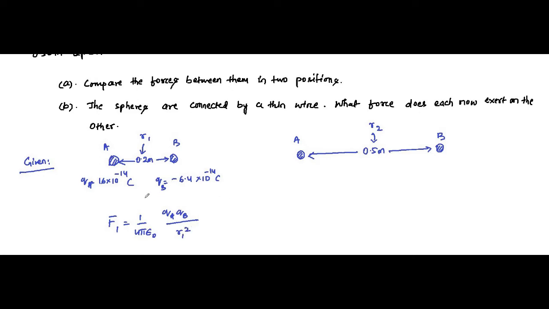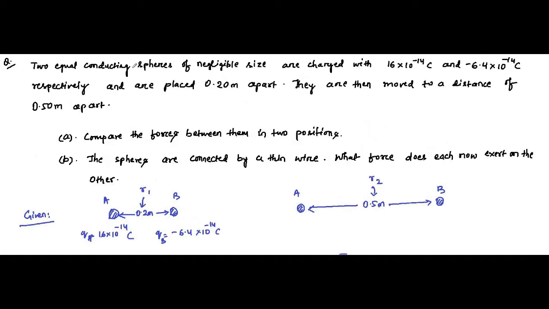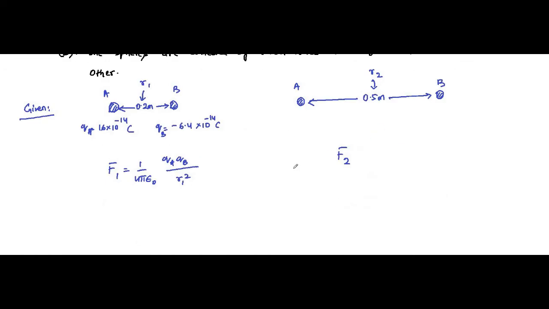In the second case, where the separation distance is 0.5 meter, the force is the force of attraction here, because they are unlike. One is positive, other is negative, so it will be attractive force. The electrostatic force of attraction is 1 by 4 pi epsilon 0, same two charges, magnitude is not changed, only the separation distance, that is R2 square.